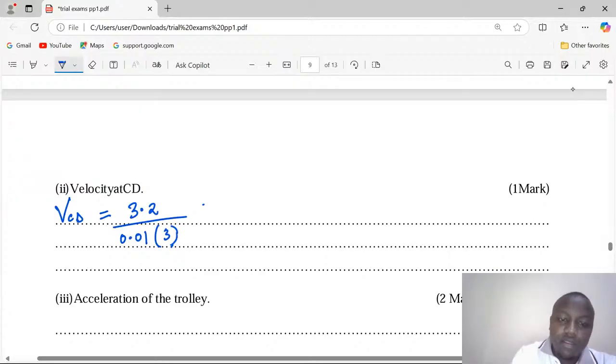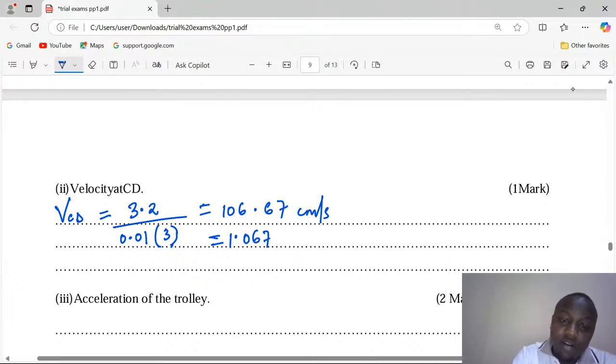This will give us a velocity of 106.67 centimeters per second, which can be converted to meters. And this will be 1.067 meters per second.